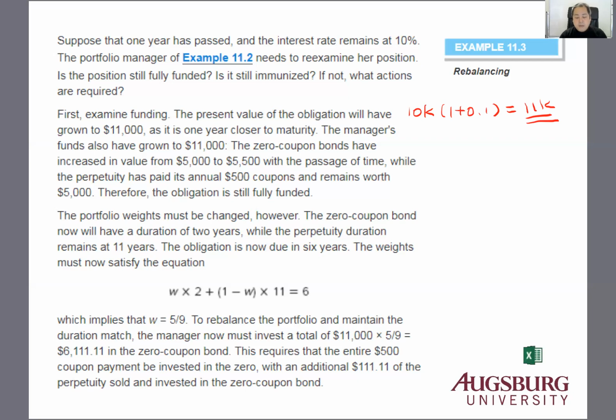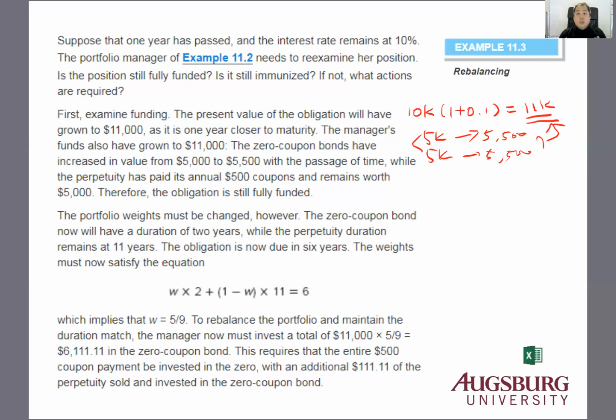Now, if you just keep the same portfolio, so $5,000 zero and $5,000 perpetuity, still same, the $5,000 zero becomes $5,500 and the $5,000 perpetuity becomes $5,500. So it's $11,000, so it matches.